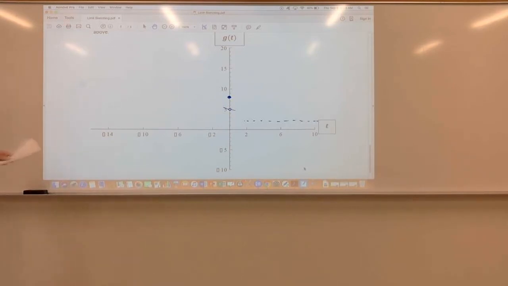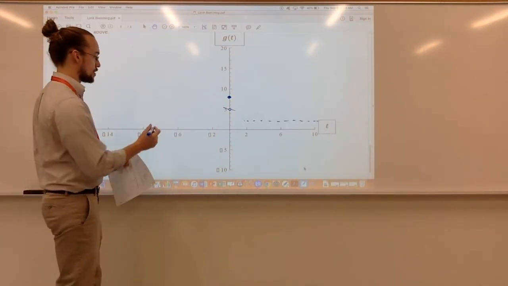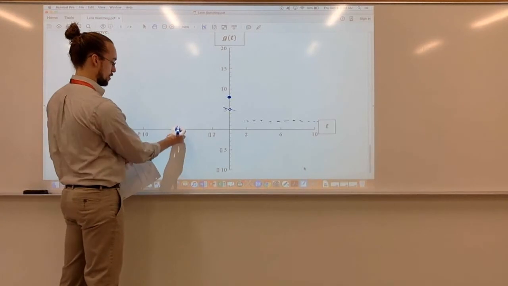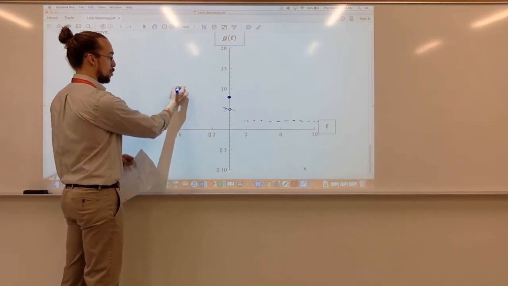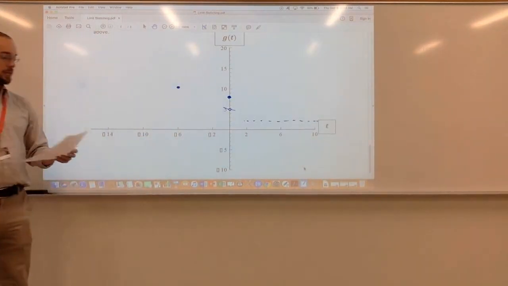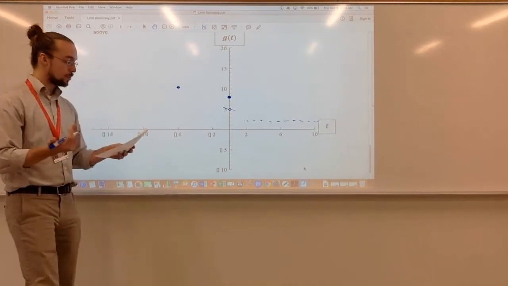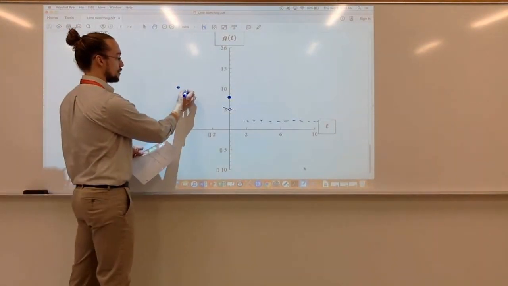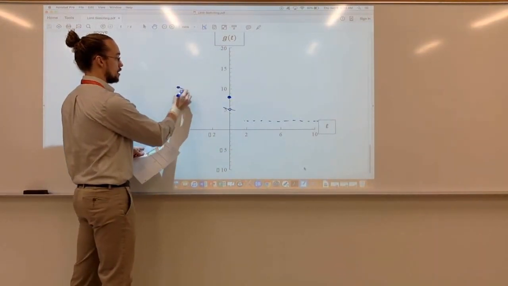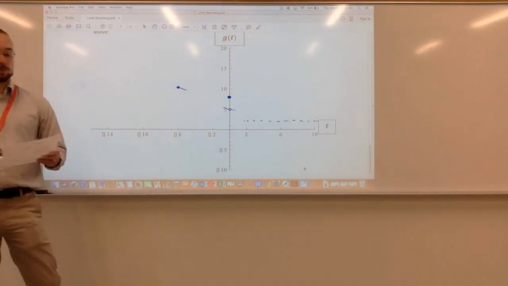The next piece says g of negative 6 equals 10. So again, that tells me that I'm going to have a point here at negative 6, 10. Then the limit as t approaches negative 6 from the right is equal to 10. Well, that tells me as I'm coming from this direction, I'm going to be approaching that point that we just put in there.